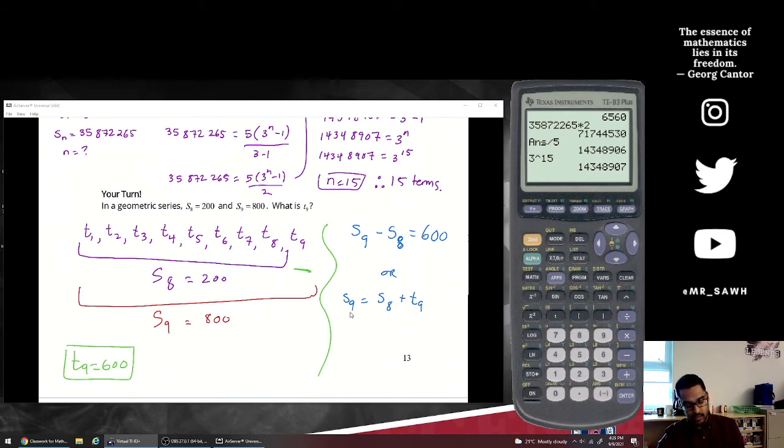If you know that this is 800, you know that the sum of 8 is 200 plus the thing missing, well, 600 is going to be T9, right? Many ways you can think about it, but really it's just a subtraction question. Okay, that's all it is.